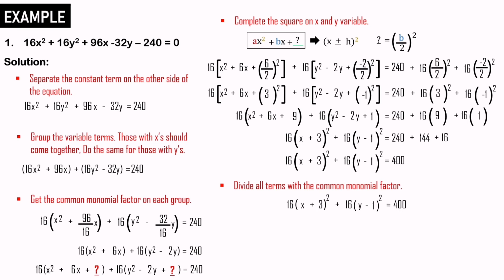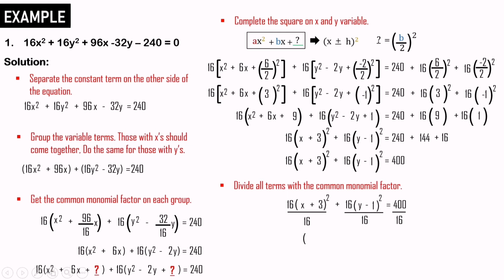So, we have 16 times the quantity x plus 3 squared plus 16 times y minus 1 squared is equal to 400. So, i-divide nato ni sila by 16. Kani sila tanan. So, ang mahitabo, 16 divided by 16, 1 na lang, no? 1 na lang man ni siya, so, kani na lang ang mabilin. Kani pod, 16 divided by 16, 1 na lang pod. So, kani na lang ang mabilin, kani na side.